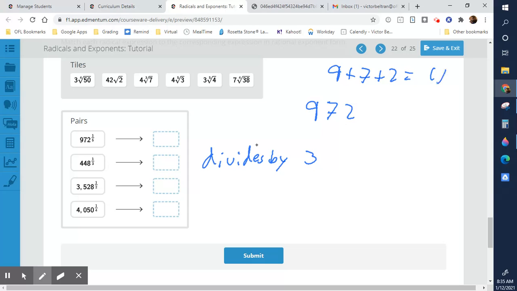So that means this can be divided by 3. So this divides into 3 nicely. Another rule, everyone knows this one, is if it divides by 5, it ends in either a 5 or a 0. So this one does not divide by 5. We know it divides by 2.